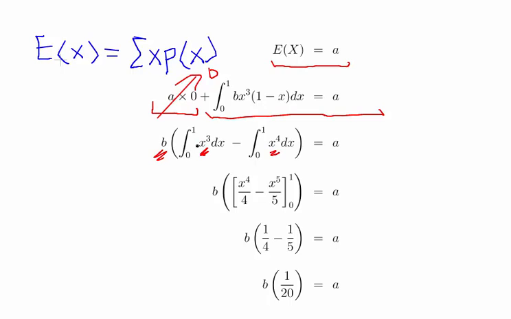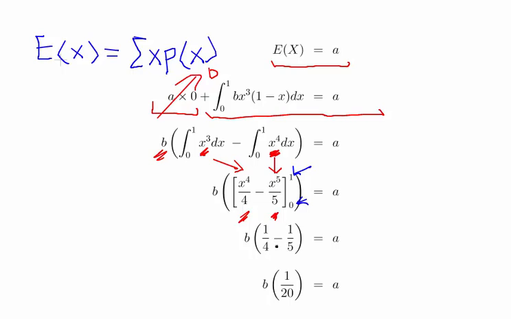Break it up into two parts and we get the definite integral from 0 to 1 of both. The integral of x cubed with respect to x is x to the power of 4 over 4. Likewise, x to the power of 5 over 5 for x to the power of 4. Evaluate that between our limits, 0 and 1.